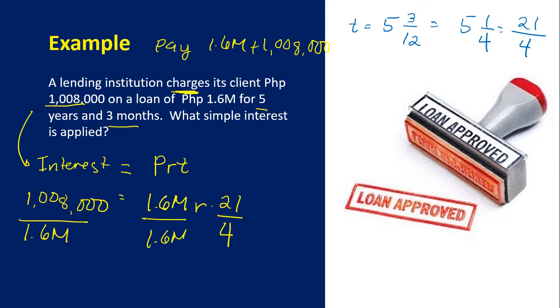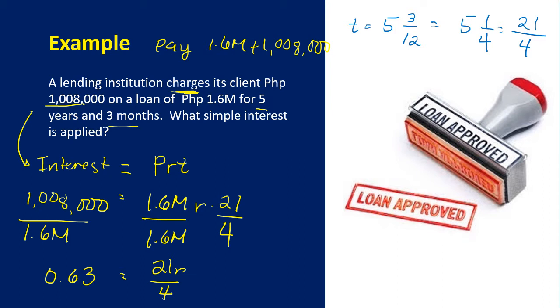Let us divide first by 1.6 million. So we get 21 R over 4 is 0.63.